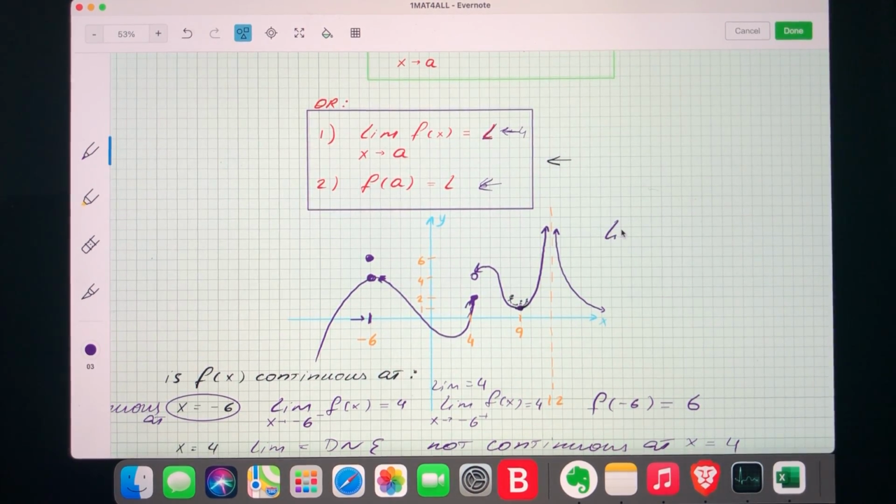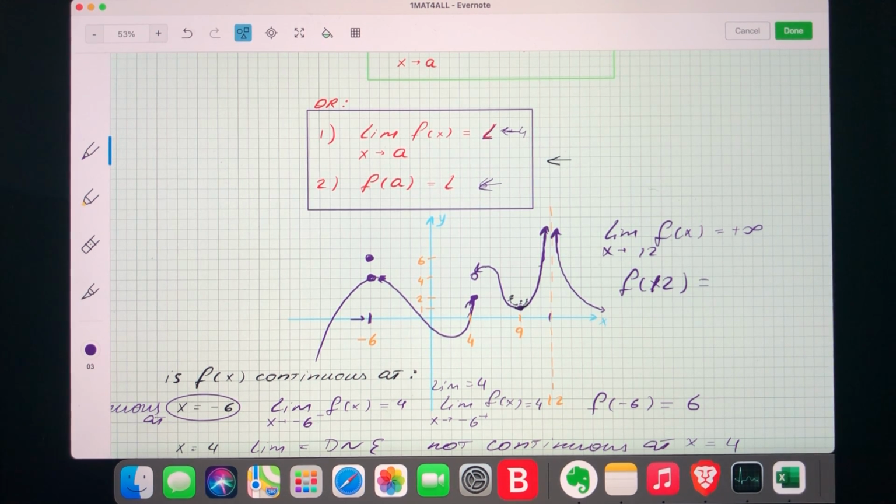And the last one at 12, let's look at the diagram here. We have the limit as x approaches 12. From the left side it is infinity. From the right side it is also plus infinity. But what is the height as we get to 12? Well, the height, not the limit, the actual height as x is equal to 12, what is that number?